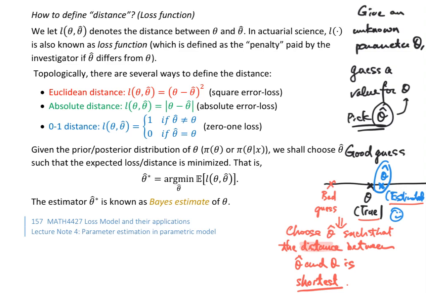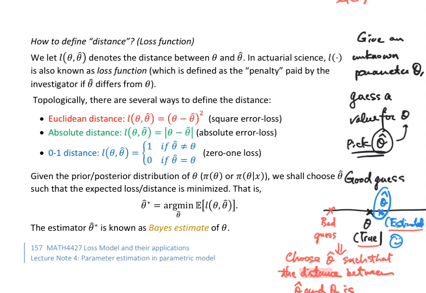In order to measure this distance, we will make use of what we call the loss function. Roughly speaking, the loss function simply refers to the distance between the true value of the parameter and your estimated value of the parameter.